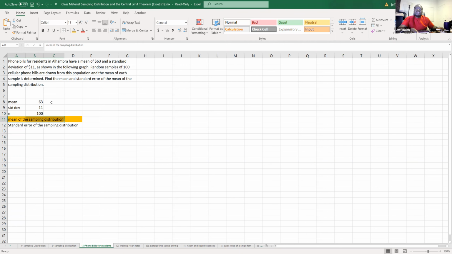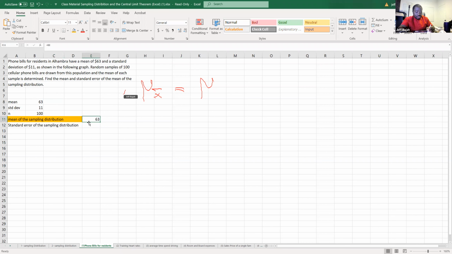All right. So our answer here is 63, right? It's 63 because of what I told you at the beginning of the class, the theory, and even on the CLT: the mean of the sample distribution is equal to the population mean. Here the population mean is 63. So if the population mean is 63, then the mean of the sample distribution will be 63.